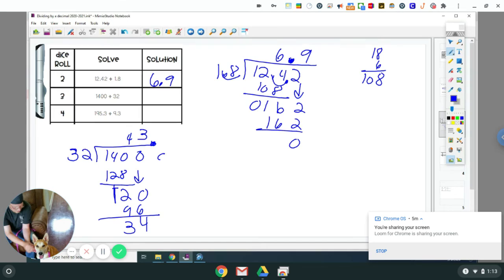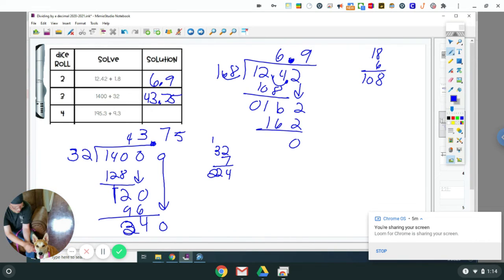Add a decimal, then a 0. 32 goes into 347 times, which I actually do not know. So 224. That doesn't make sense. Did I subtract wrong here? Yeah, that should be a 2. I did that same thing on the last slide. I'm sorry, guys. I don't know what's wrong with me. 224. And if you keep dividing it, you get 43.75. I just ran out of room.